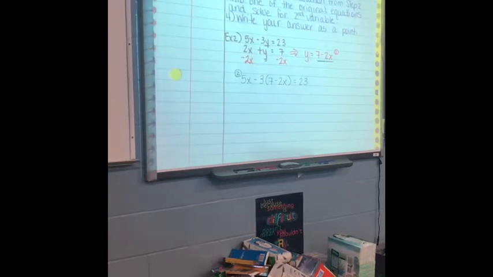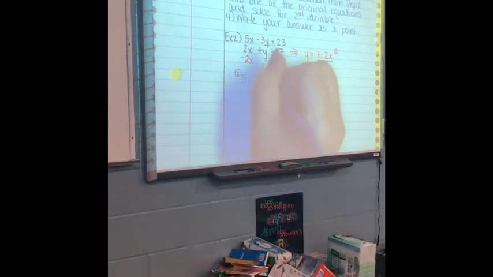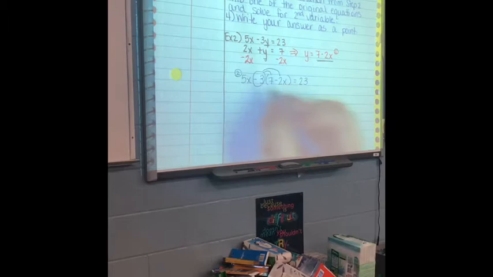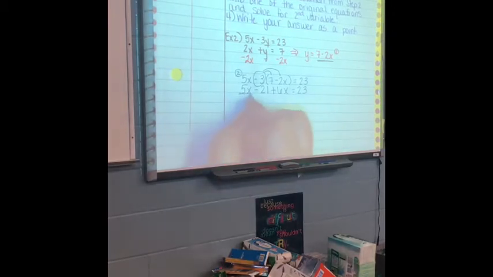So I'm going to solve for x. First step will be to distribute. So I've got 5x minus 21 plus 6x equal to 23. Next step is to combine like terms. So 5x and 6x make 11x.